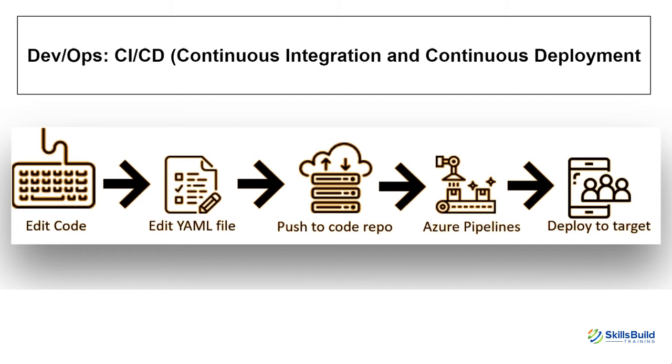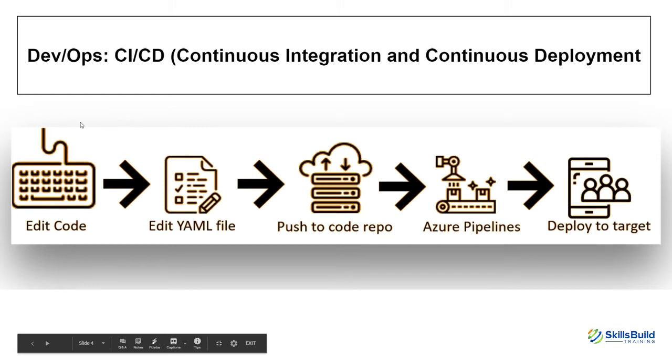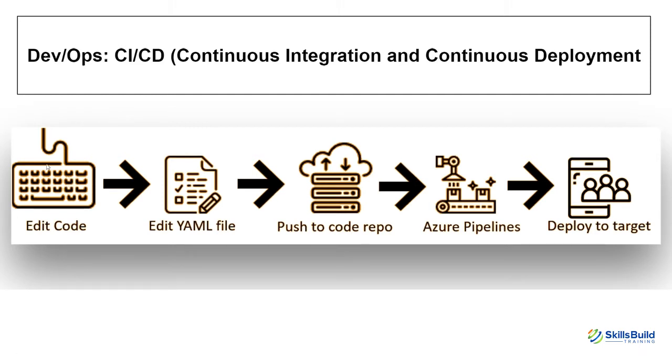So let me give you an example using this wonderful little picture that I got from Azure's documentation. Thank you. And so here's your programmer editing their code on their little keyboard. Okay. And you can set up all the variables for your pipeline in what's called a YAML configuration file.